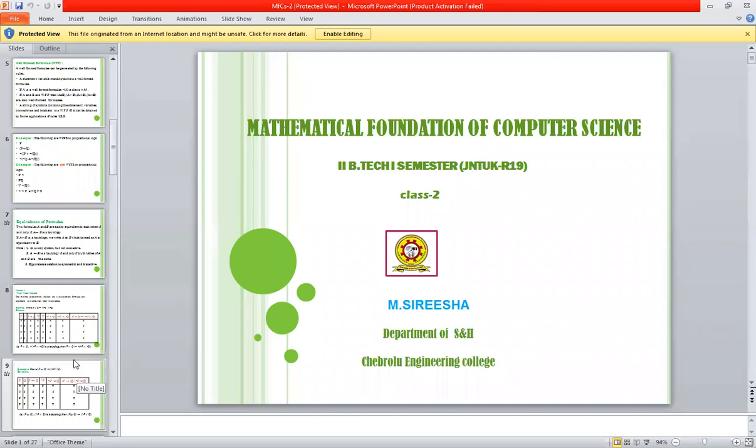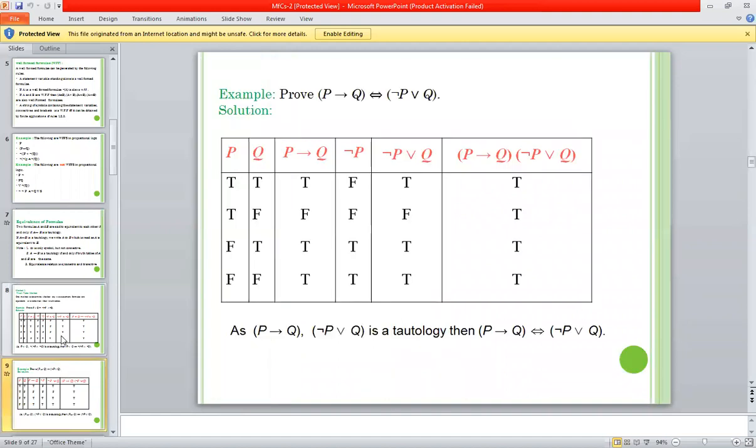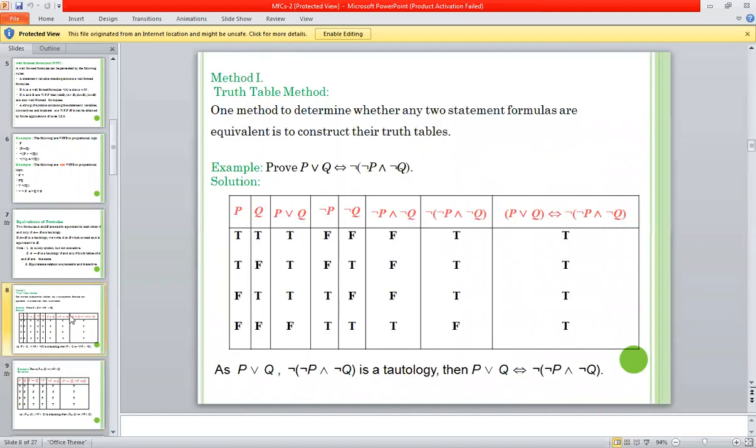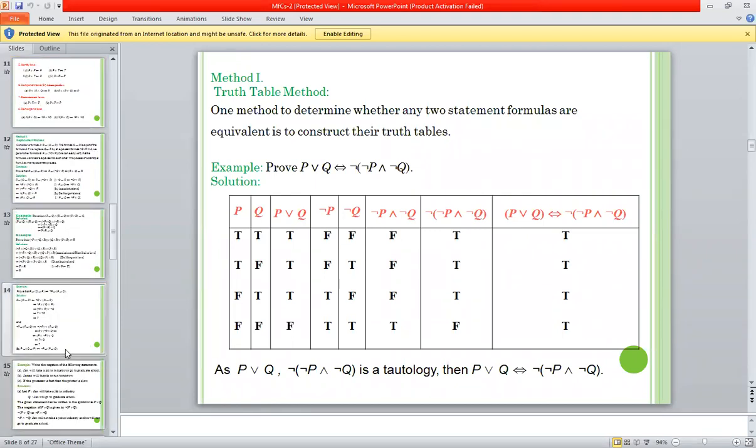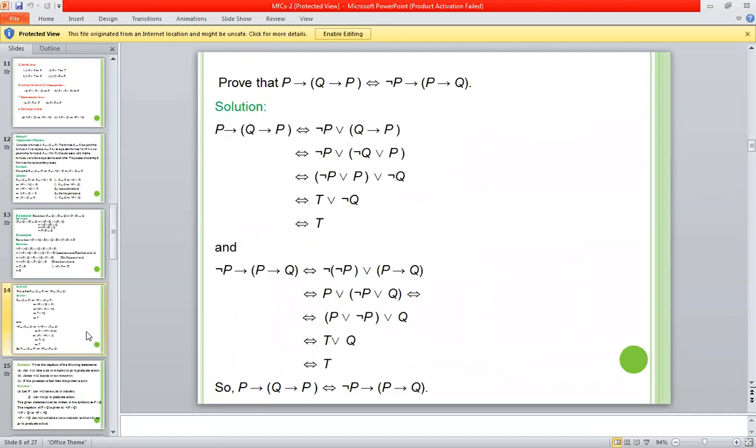In today's class, equivalent formulas, replacement method problems. We are discussing replacement method problems.